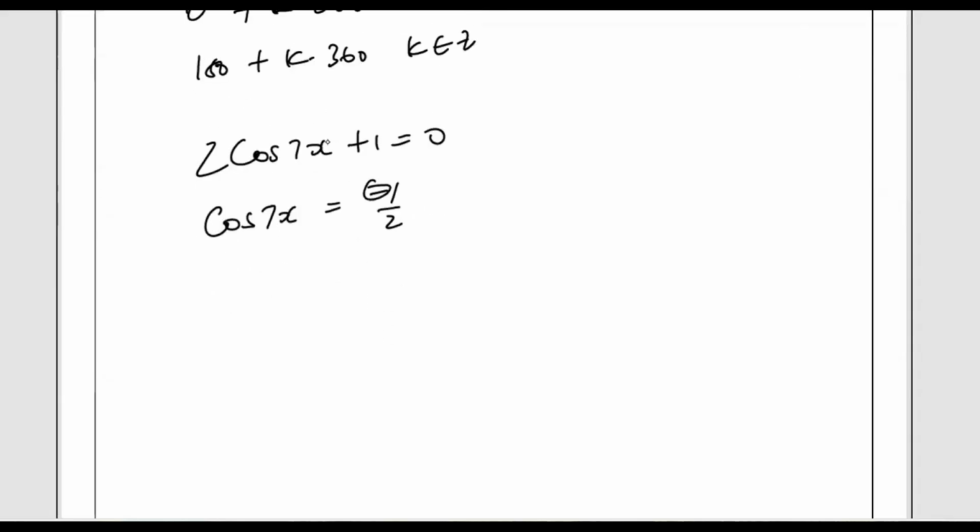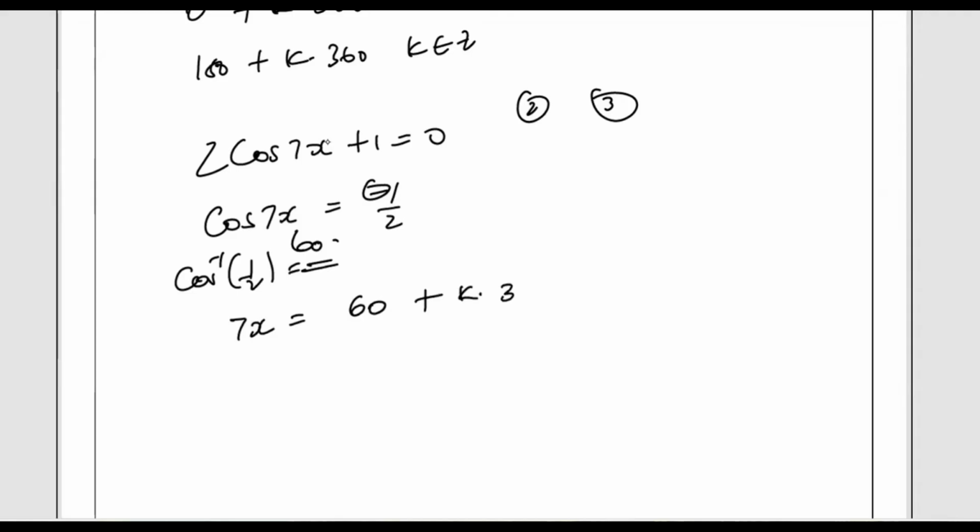Negative simply means we're looking at quadrant 2 and quadrant 3. The shift cos of a half gives me 60, meaning that 7x is going to be 60 plus k times 360, k an element of integers.